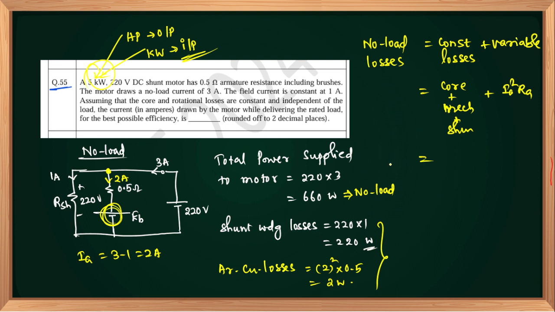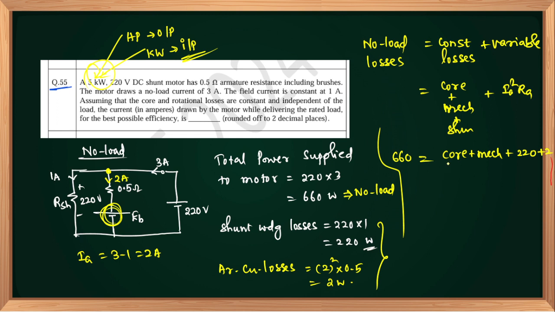No load losses we got as 660. Core plus mechanical we do not know, plus shunt field copper losses 220, plus armature copper loss 2. If I subtract these, then I'll get core plus mechanical losses.